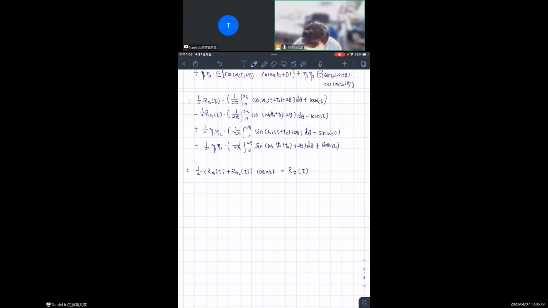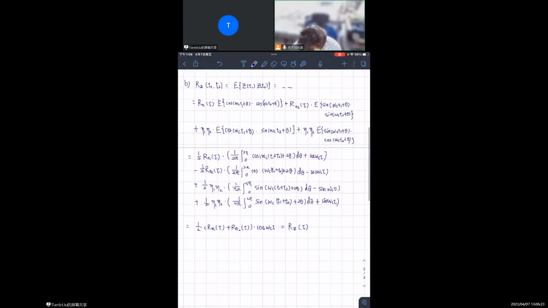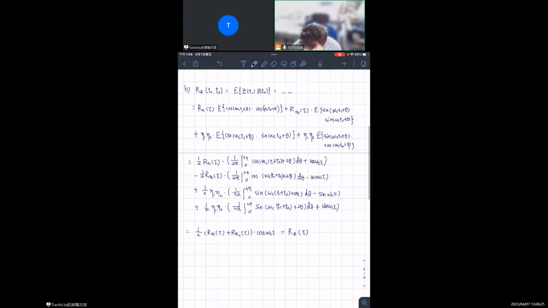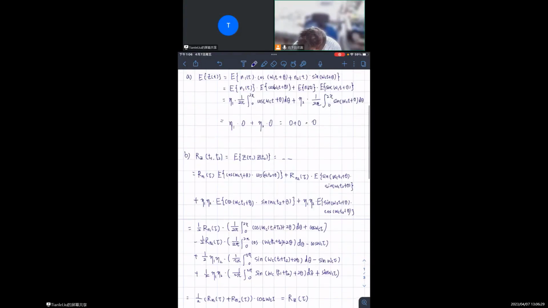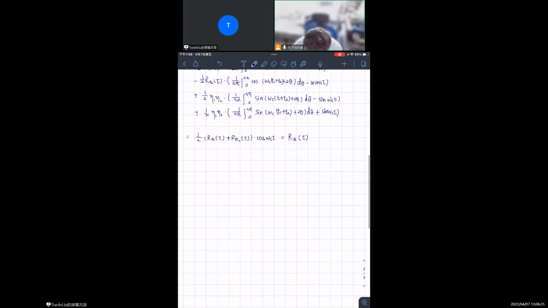From the above, we can conclude that R_Z(t1, t2) depends only on the difference, so Z(t) is also wide-sense stationary. For the next part, we follow the hint of homework 7 and write it out.